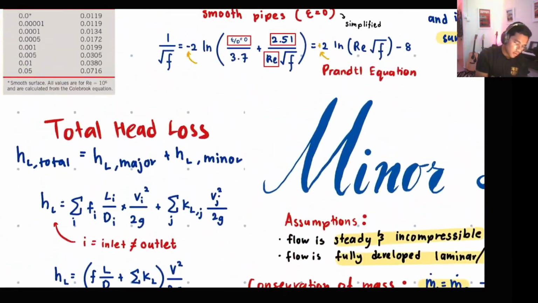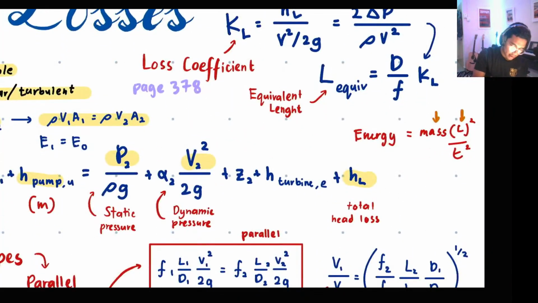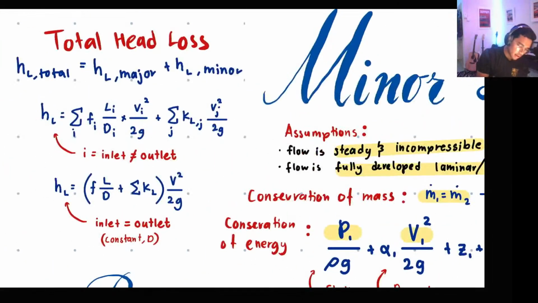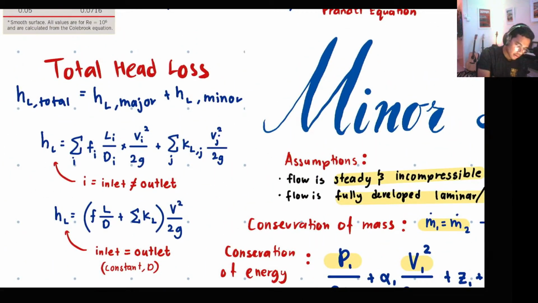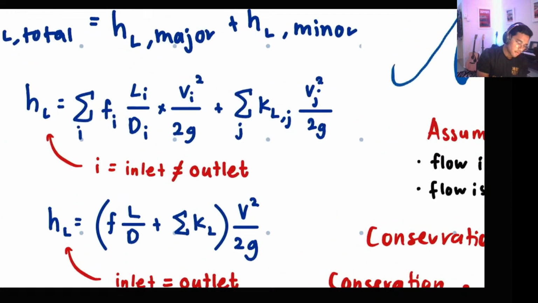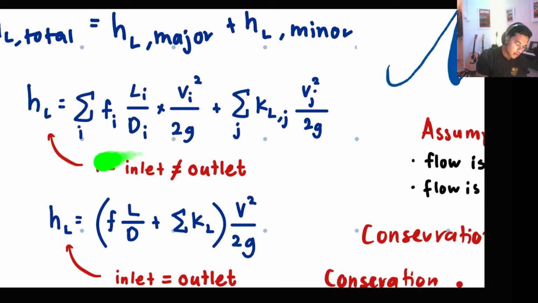So from here we see this HL. What is HL? HL is represented by H total, major head loss and minor head loss. So HL is equal to, okay, I don't know what this actually means, but this is the friction factor, length, diameter, velocity squared over 2g plus the minor losses.